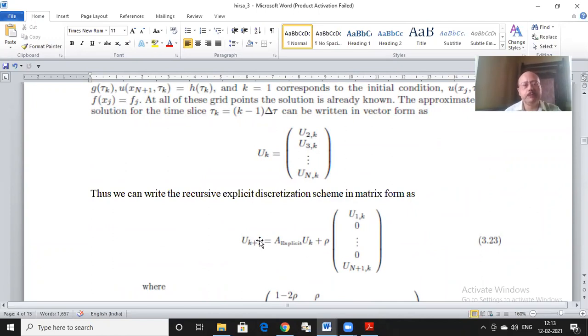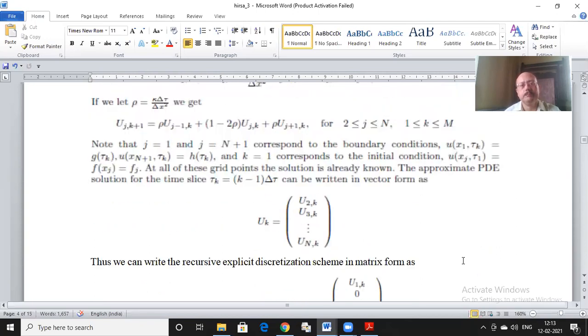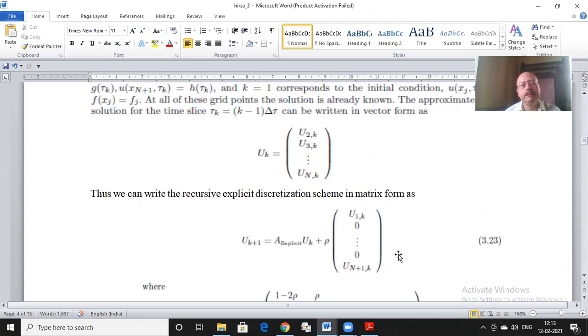So uk plus 1, which is same thing as u for k plus 1, is equal to A explicit times uk plus rho times this vector, where I have the two boundary values which are known, and the rest inside are all zeros. This is adjusting for the top and the bottom, because the top and the bottom are already known to me.